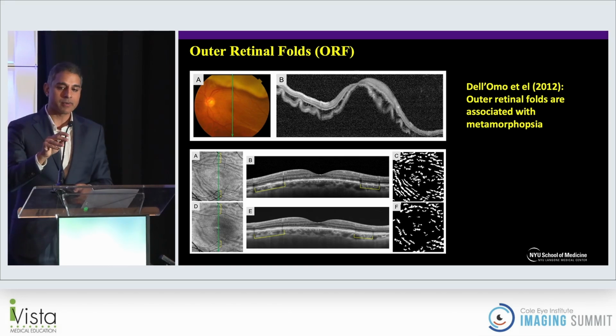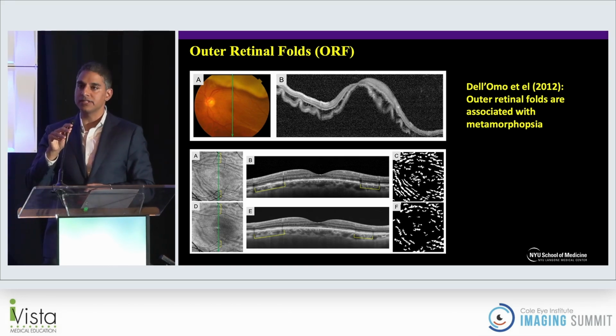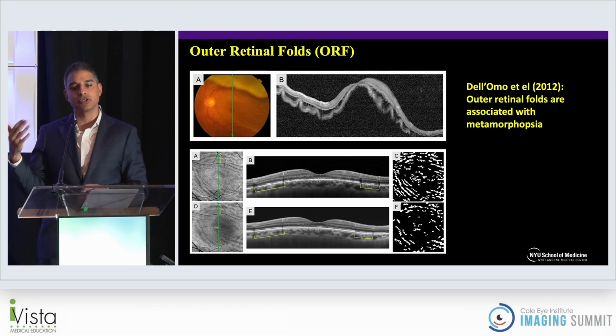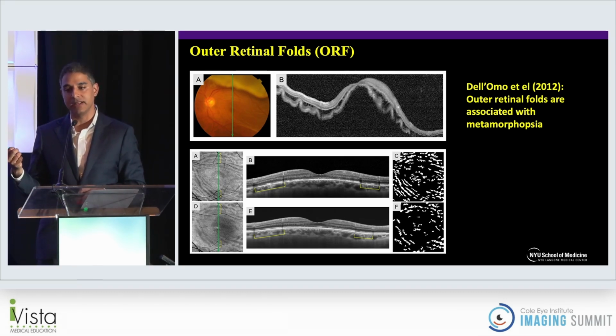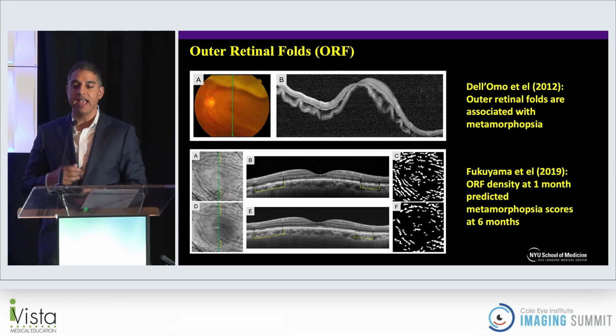Now this one, outer retinal folds, there was a really good presentation by Rajiv not too long ago that showed that these outer retinal folds occur as there's more chronicity to the retinal detachment. But the problem is when they get reattached, these outer retinal folds are associated with metamorphopsia, and the density of these can predict metamorphopsia scores even out to 6 months.